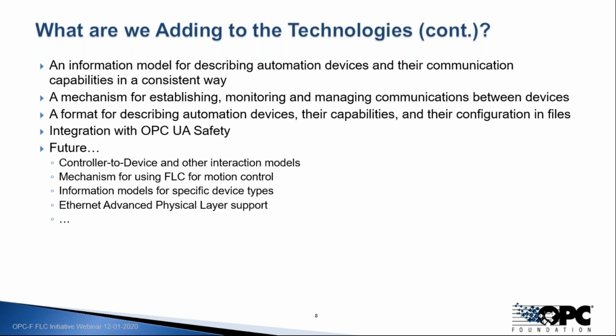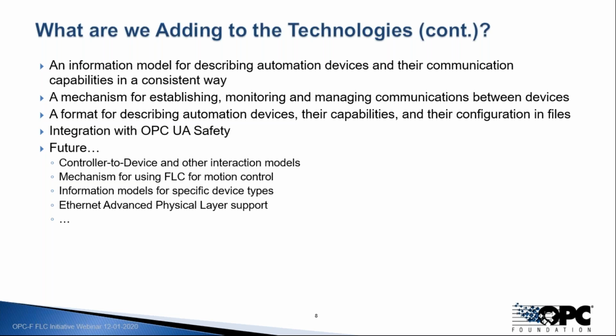We're also working on a file format for describing automation devices and their capabilities so that we can support those use cases where different components of the automation system are being worked on in different places and at different times by different people using different tools.